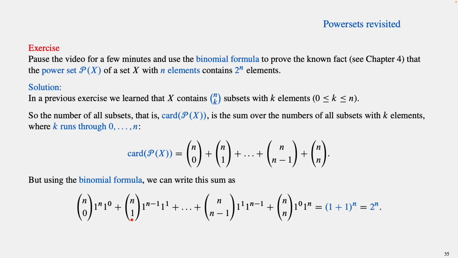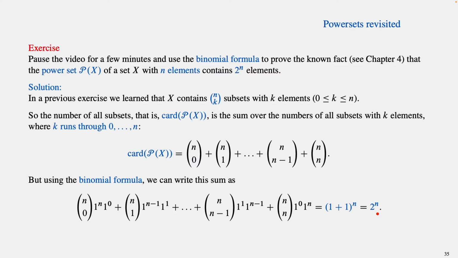And this is just the binomial sum formula for 1 plus 1 to the power of n. And this is of course 2 to the power of n. And that concludes the proof that the cardinality of the power set equals 2 to the power of n.